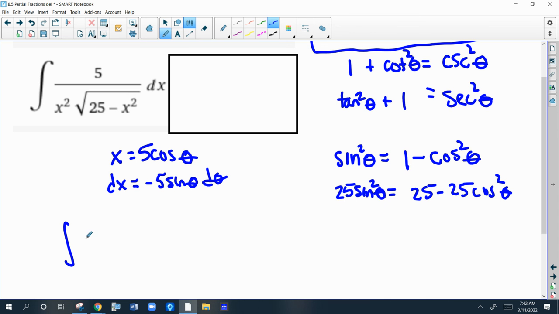So here we go. I have dx up here, which is negative 5 sine theta d theta. So the 5 is the constant, and I get negative 25 sine theta d theta. As you can see, I just took care of the dx, straight substitution.